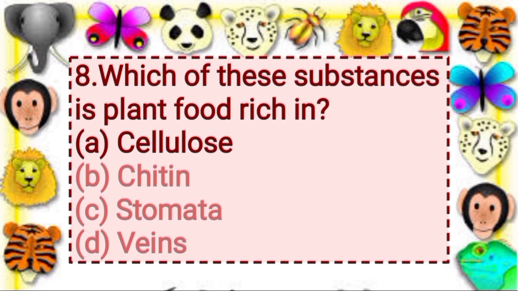So as you know, herbivorous animals have sharp teeth for biting and cutting and very strong teeth for grinding. This is because plant food needs to be chewed a lot, as it is very rich in a substance called cellulose. So the answer is option A, cellulose.